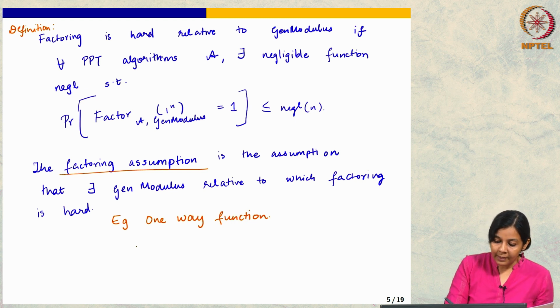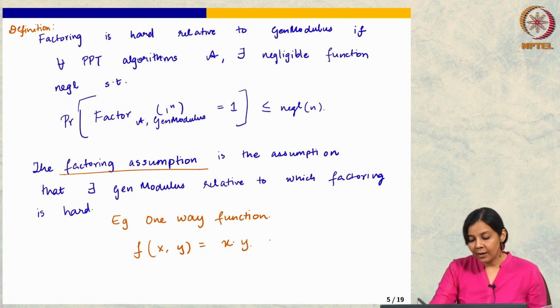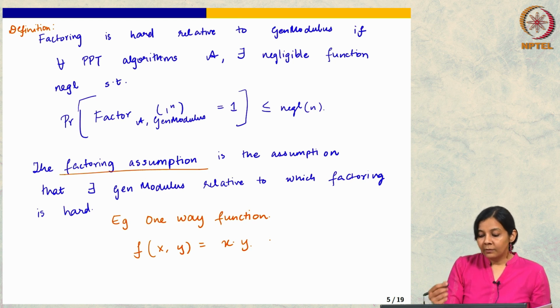Basically f of x y, if I just compute x times y over the integers. This is a one way function because it is easy to compute and hard to invert.